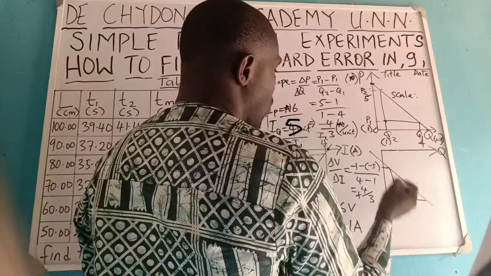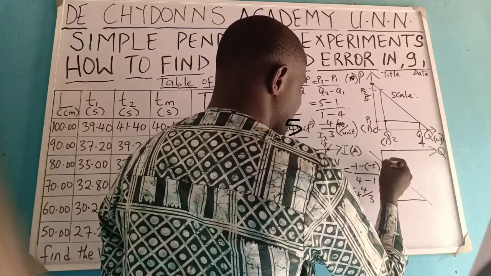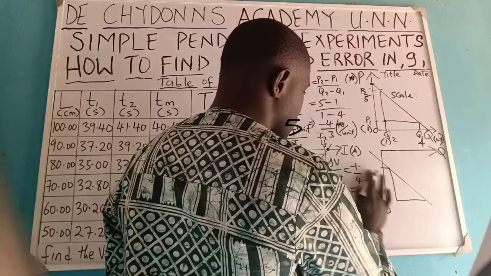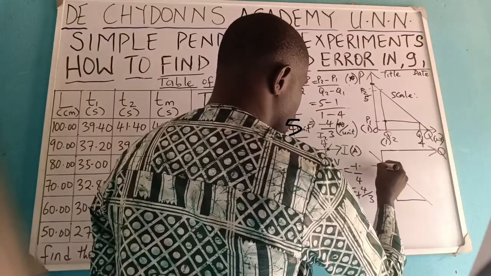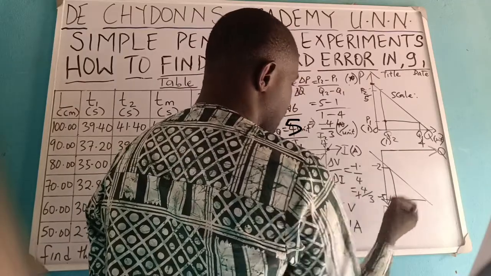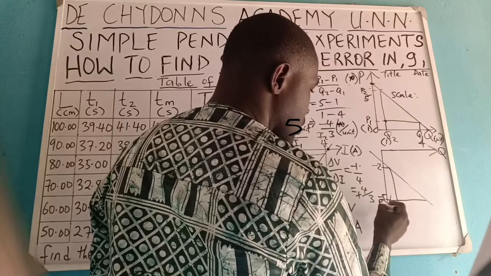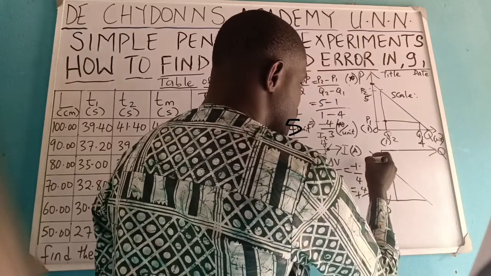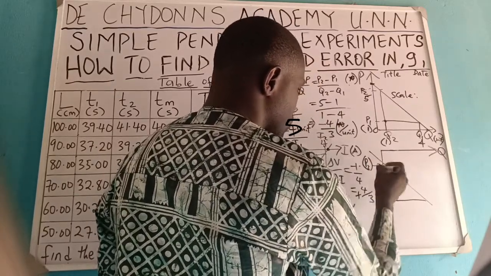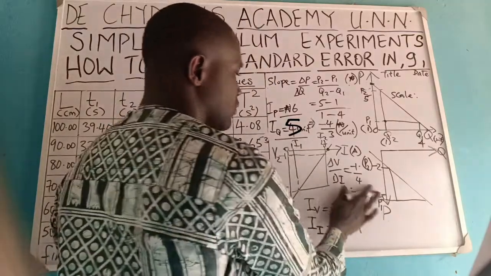Here becomes, let's say, minus 2, right? And here becomes minus 5. This is your P1 and this is your P2. P2 is minus 2 and P1 is minus 5.